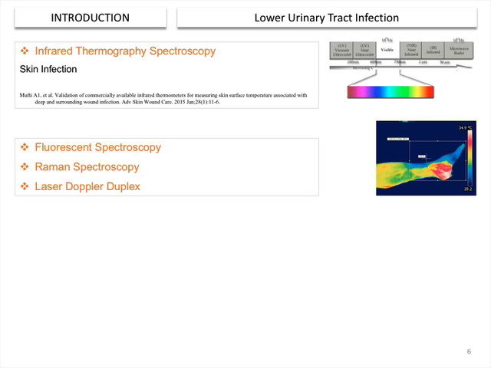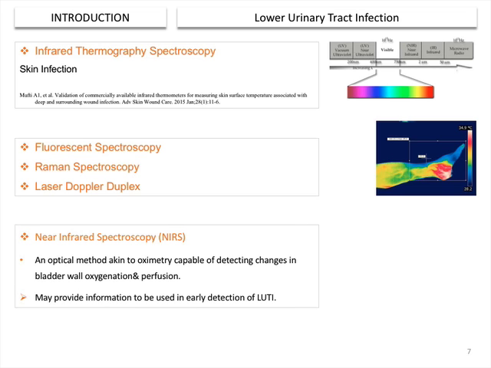And there are some uses of laser Doppler duplex to look at bladder wall perfusion, but duplex is not really simple. It's complex, very expensive, and not really proper for UTI screening.